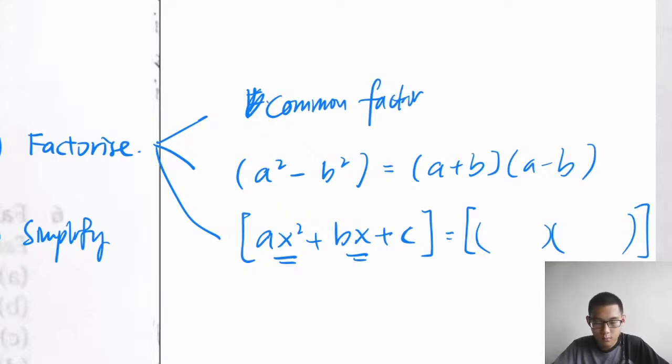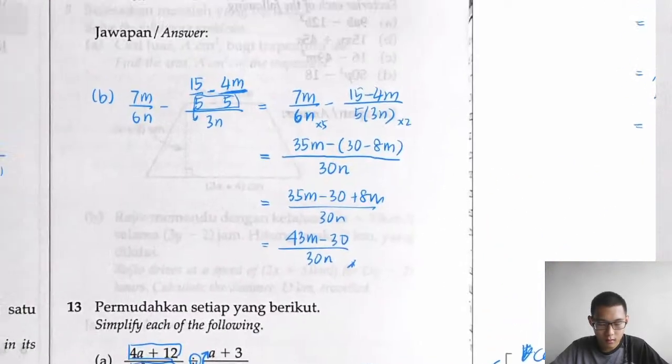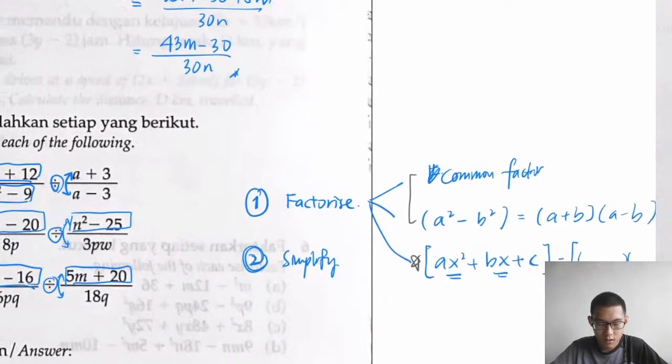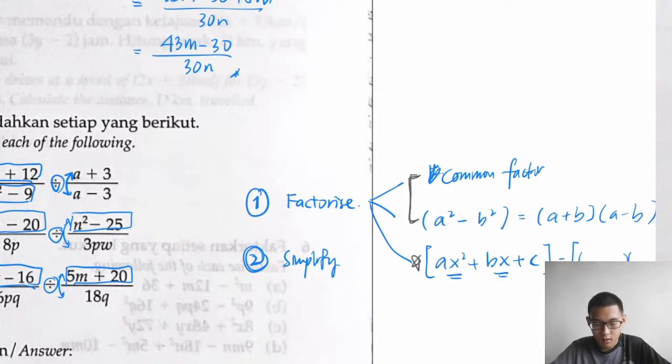So this third one may be a bit difficult. But just now when we did the exercise, they had common factors, and we came up with these two. So we can try to update this, and don't forget, don't ignore this.